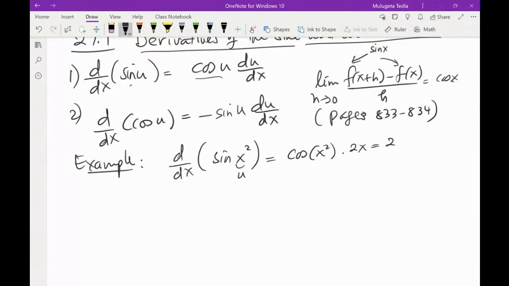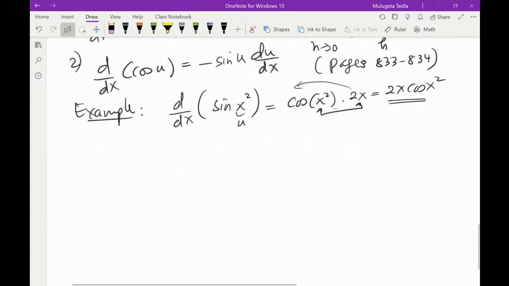So this would be 2x cos of x squared. You cannot multiply these two, because this is subject to cosine, this is not. So you cannot combine them together.